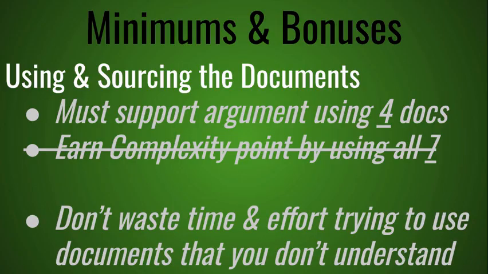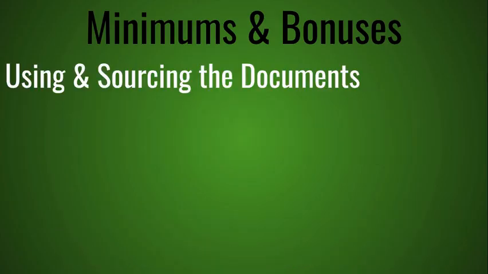Also, if you run into a document or even 2 that you just straight up don't understand, just skip them. Don't waste time and effort trying to use documents that you don't really know what they mean. Throw them aside as though they don't exist. I don't have to have them.